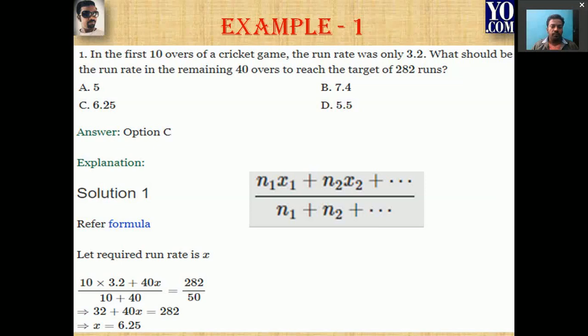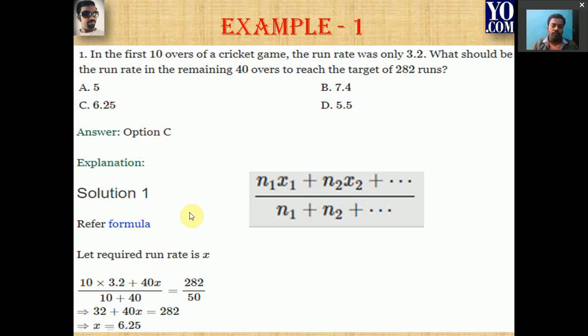After that, we are going to calculate the run rate of the 40 overs. The target is 282 runs, so the total number of overs is 50. Here the answer is C, that is 6.25.